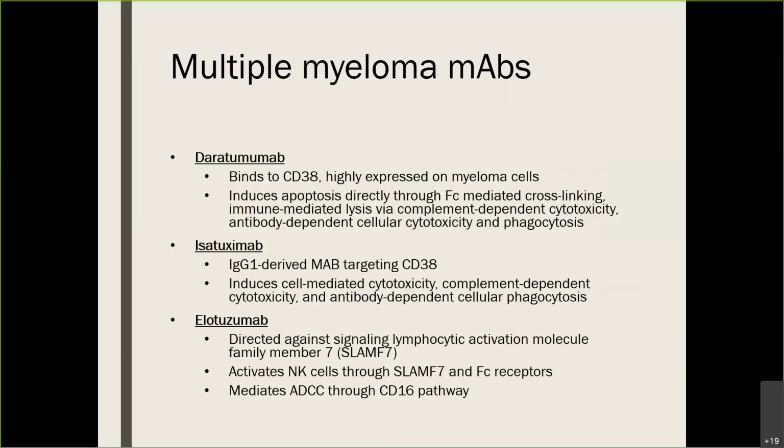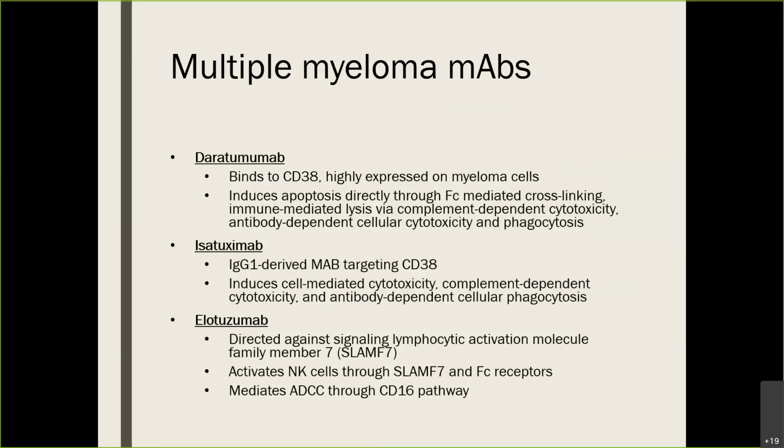Isatuximab also targets CD38. This is a relatively recent FDA approval, brand name Sarclisa, but it has not reached the same prominence as daratumumab. And then we have elotuzumab, which targets a different receptor, SLAMF7, activating NK cells and mediating antibody-dependent cytotoxicity.